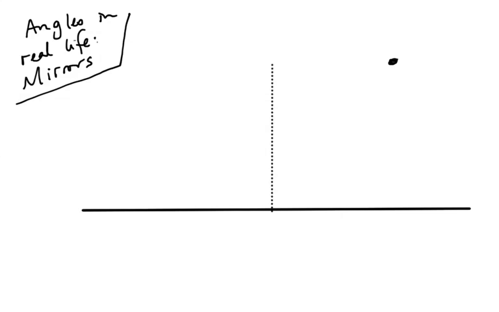And we want to know, what do they see at this point right down here, where this dotted line and this solid line, the mirror, intersect. Okay, so I guess I should explain what this dotted line is. This dotted line is called a normal line.